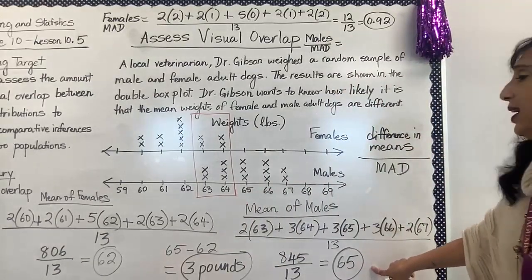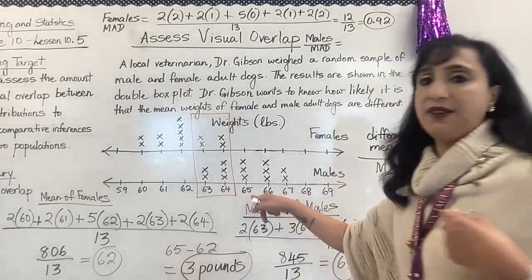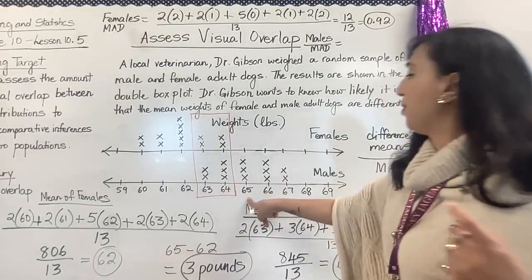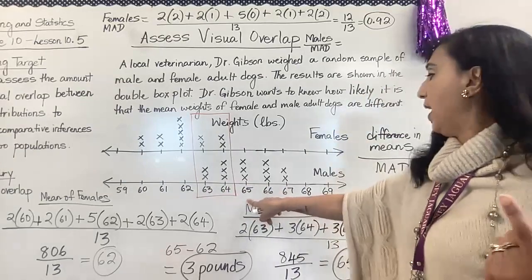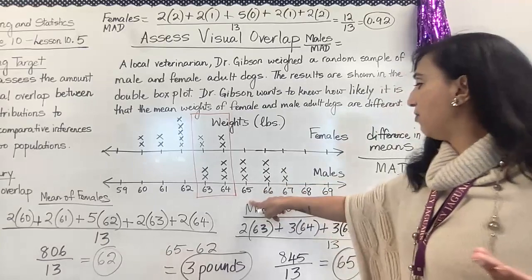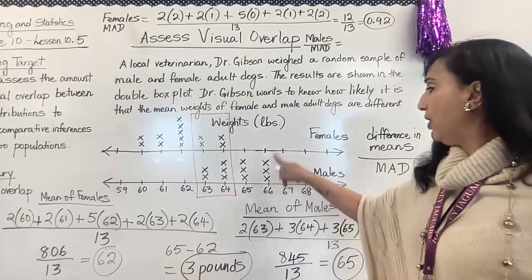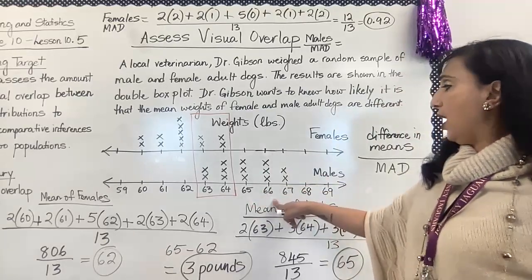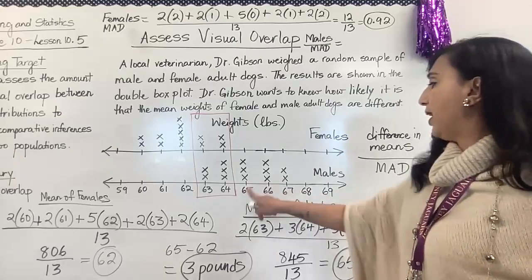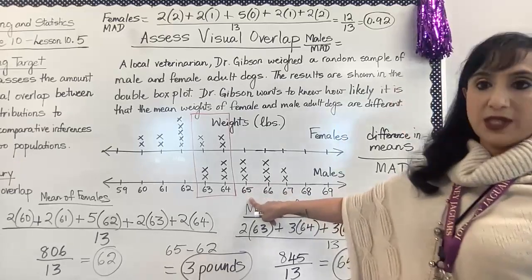So how far is 63 from 65? That is 2, the distance. How far is 64 from 65? That is 1. And for 65 there is no distance, that would be 0. Then we have 3 of them that are 1 away from 65, and then we have 2 that are 2 away from 65.